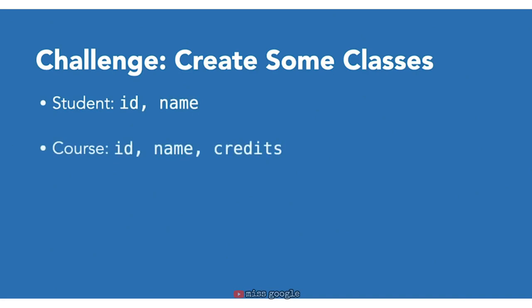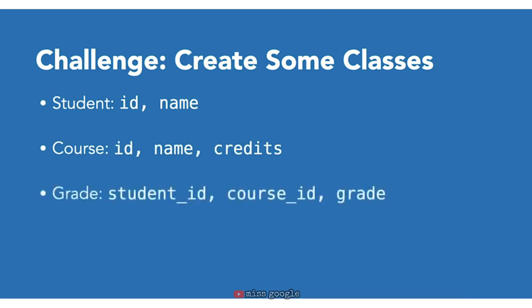The course class must have an integer for the course ID, a string for the name, and an 8-bit integer for the credits. And the grade class must have an integer for the student ID, an integer for the course ID, and a char for the grade as an ASCII character. We'll only use uppercase A, B, C, D, and F for the grades, no plus or minus.